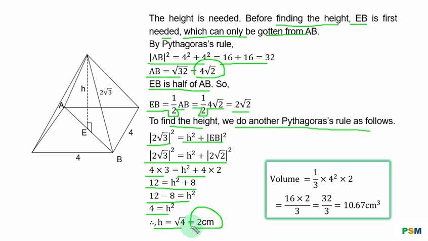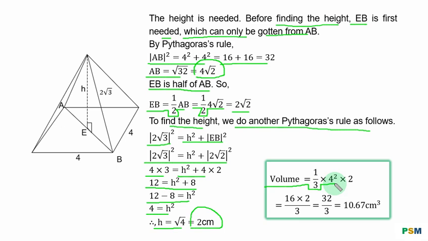We are interested in the volume of the pyramid given by 1 over 3 times square base. The square base is a square whose side is 4, and area of a square is L square.